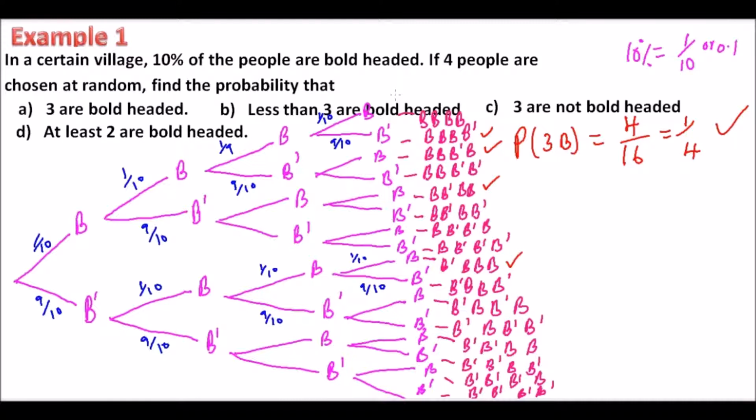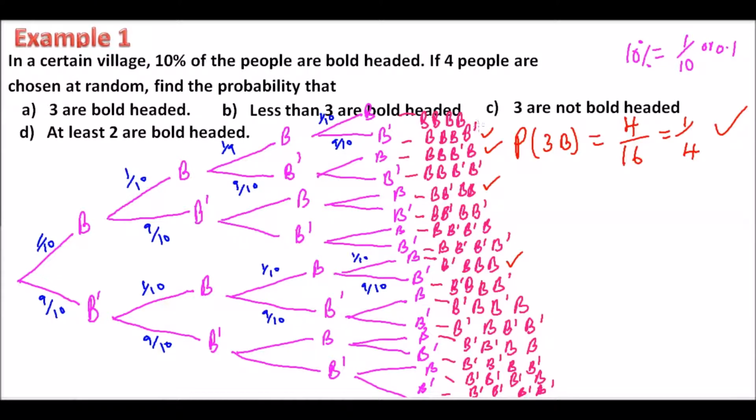The other part, B, is less than 3 are bold-headed. So the first option, all are bold-headed, does not qualify. The second one, 3 are bold-headed, does not qualify. The third one is less than 3, so this is one of them. This other one does not qualify. This is there, that is there. We have this one, 2 are bold-headed, so they are less than 3.